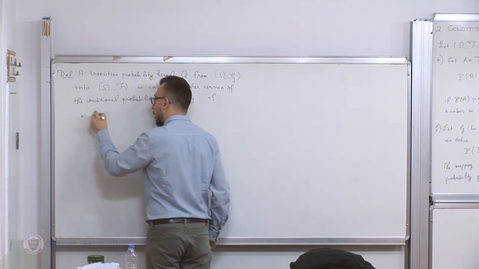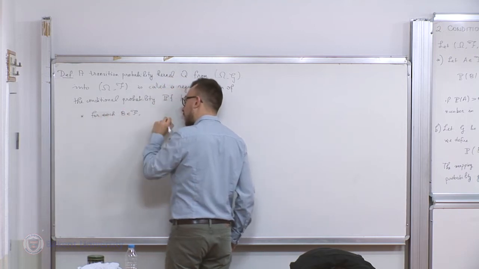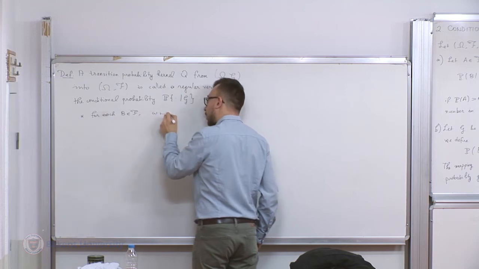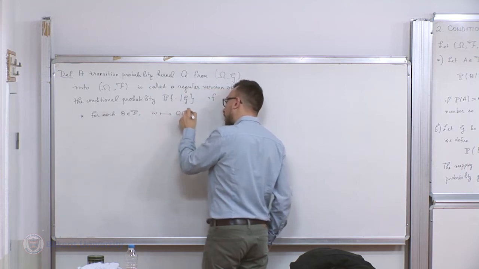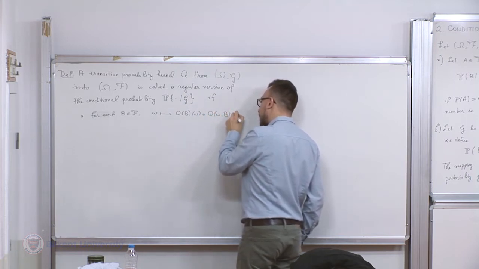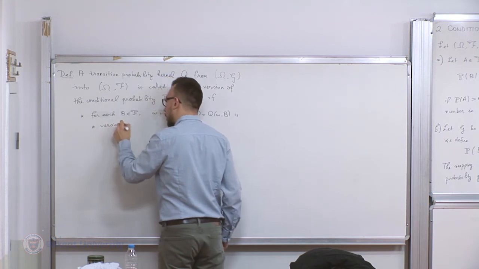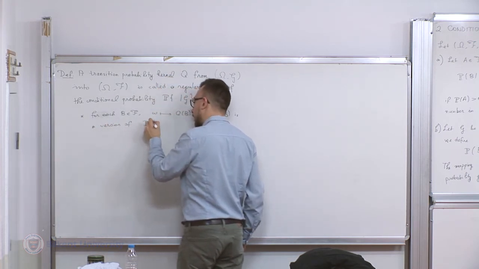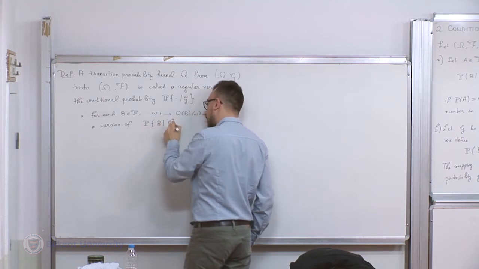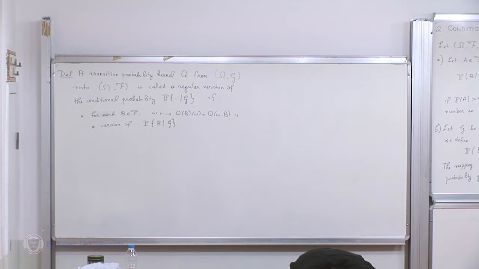For each B, the function omega maps to Q of B of omega, or Q of omega of B, is a version of probability B given G. This is already what we guarantee when we pick the versions freely.